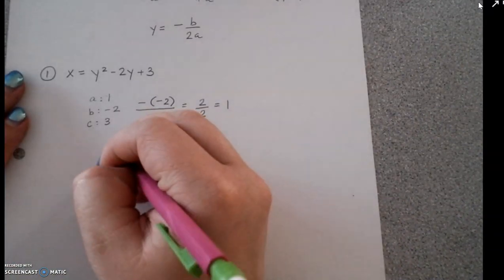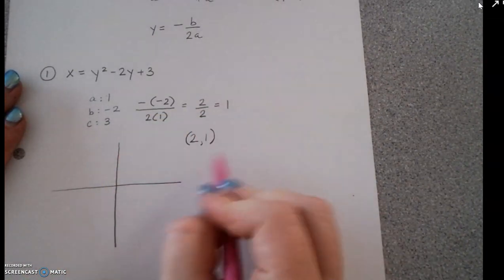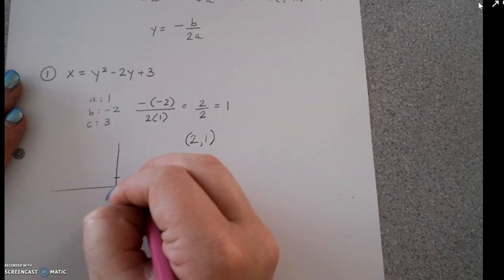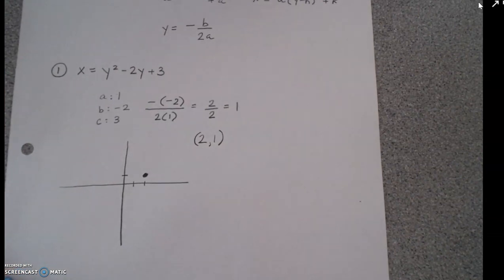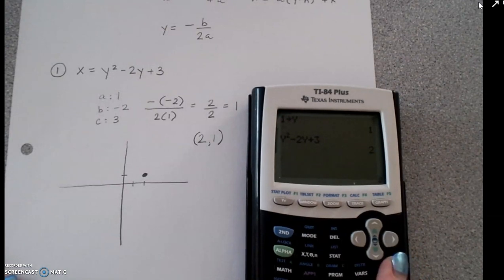As I go to graph, I plot my vertex first, 2, 1. And now usually for vertical parabolas, we would find other points by using our table function in our calculator. Now the downside to our calculator in this situation is that our calculator will only do y equals. It will not do x equals for us.